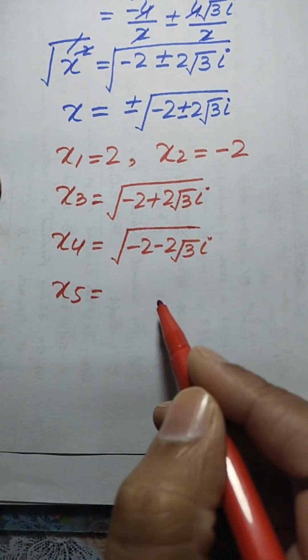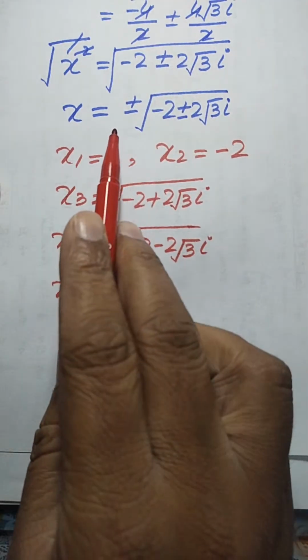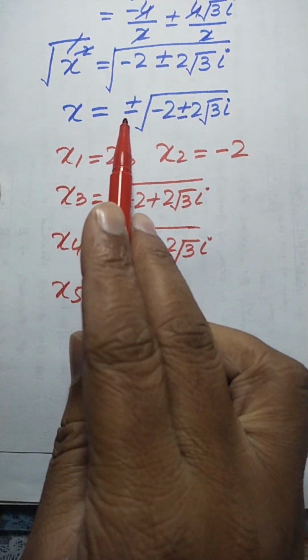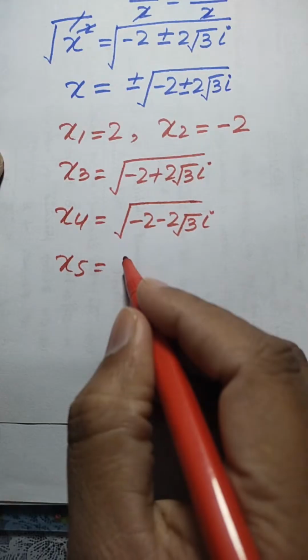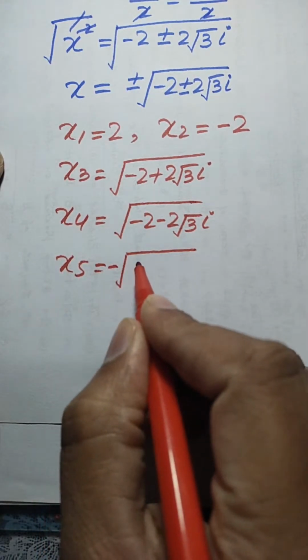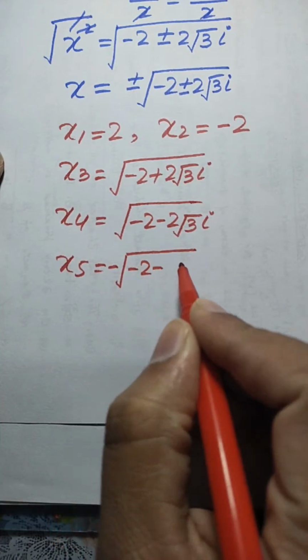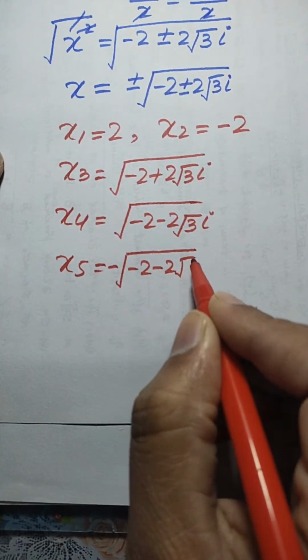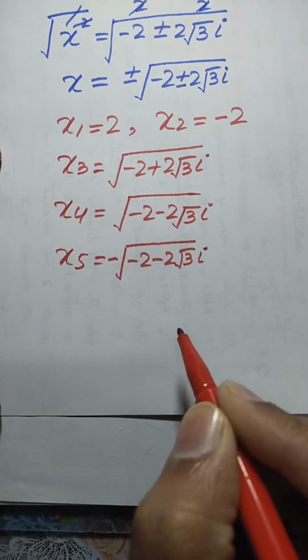And our fifth root is that we choose the outside negative value and also the inside negative value, so it becomes minus the square root of minus 2 minus 2 times the square root of 3 into iota.